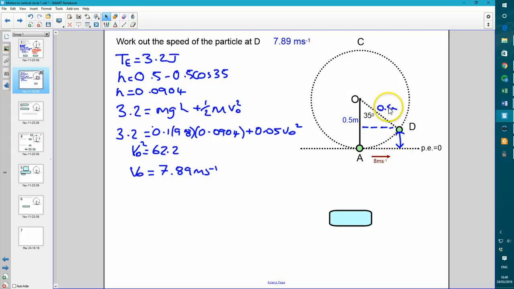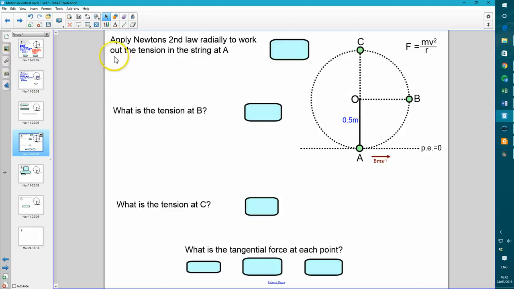Right, so we can use a similar method to work out the speed at any of these places. So what we're now able to do is, knowing what this initial speed is at the start, and using that to work out the total energy in the system, we're now able to work out the speed at any point around the circle.